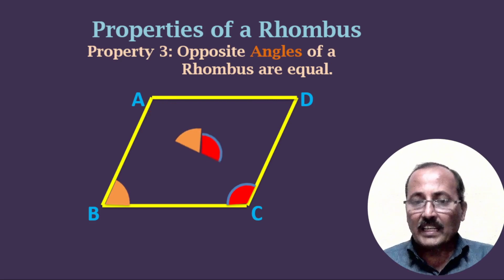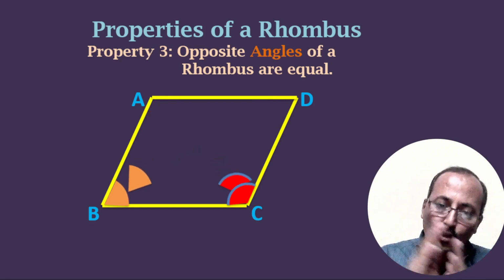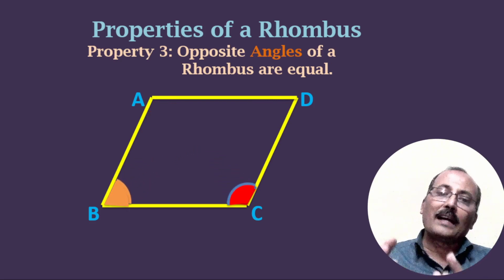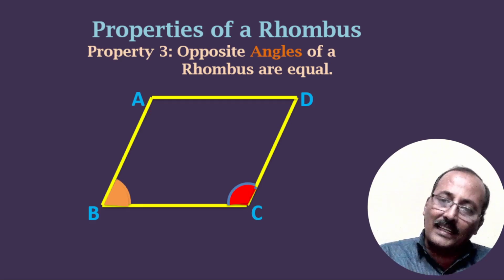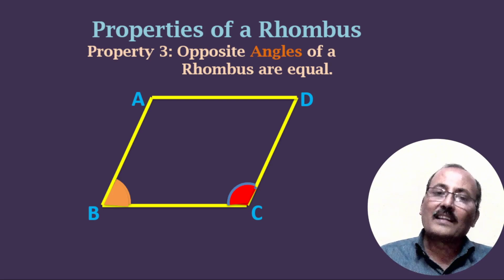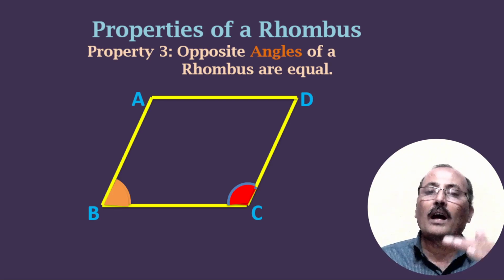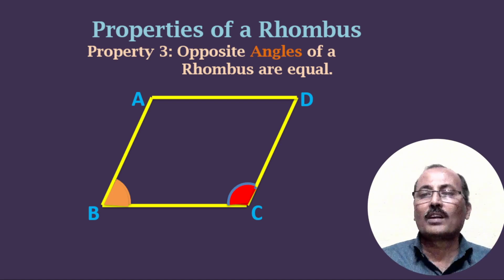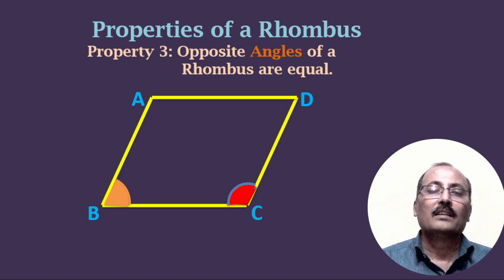One angle exactly lies on another angle such that those angles are equal. Hence we prove that opposite angles A and C are equal, D and B are equal.